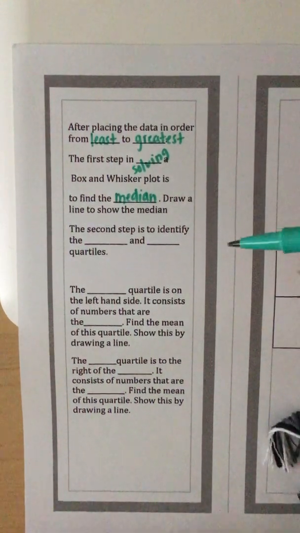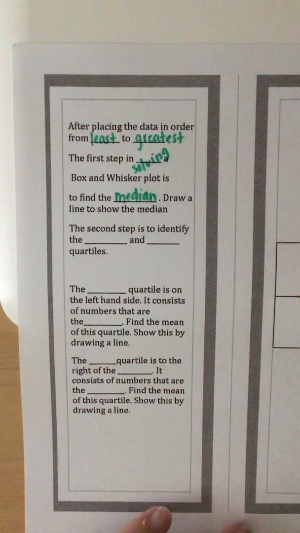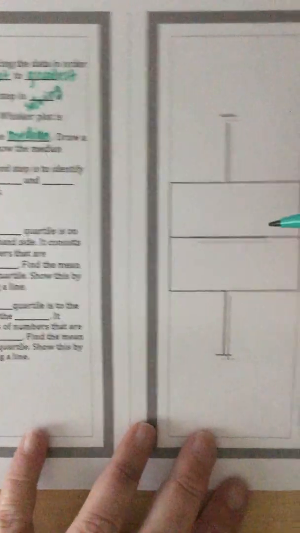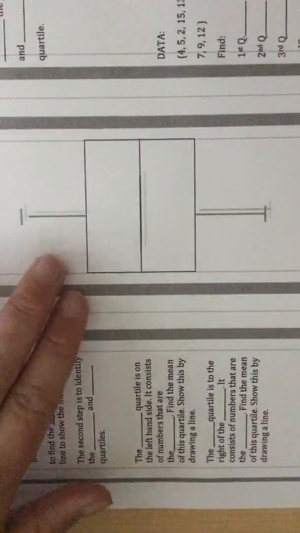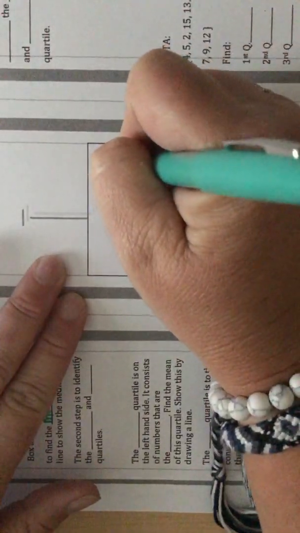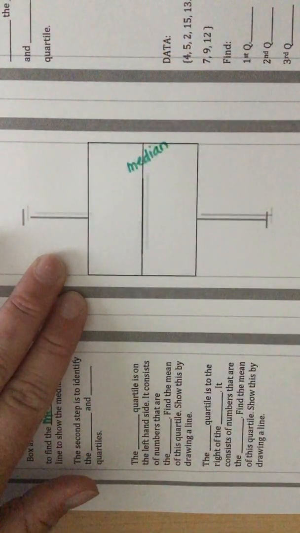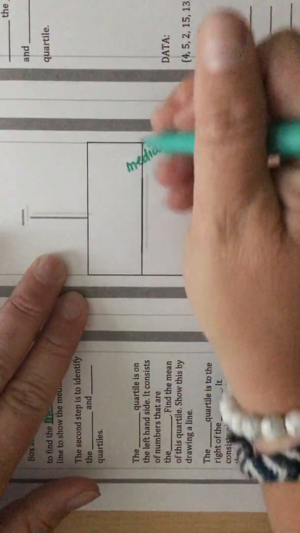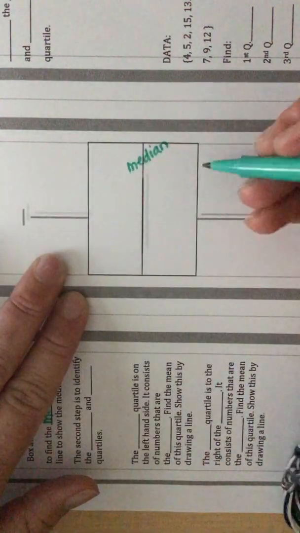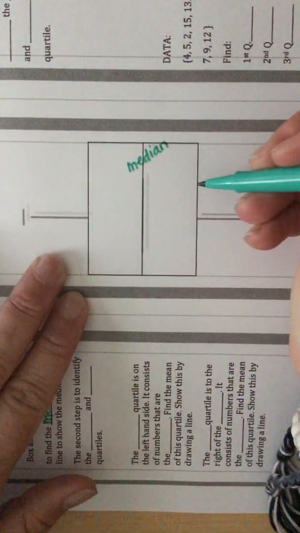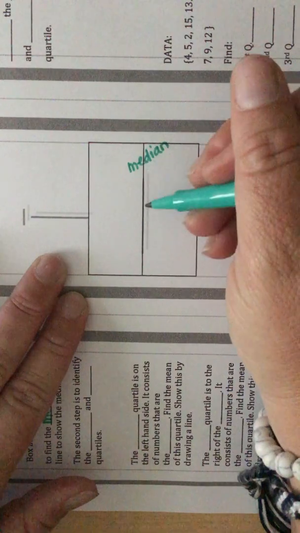It says draw a line to show the median. So technically your box plot is going to be this way, and your median is the line in the middle. Okay, so this line is always going to be in the middle, no matter where the sides of your box are going to be, your median is always the line in the middle.